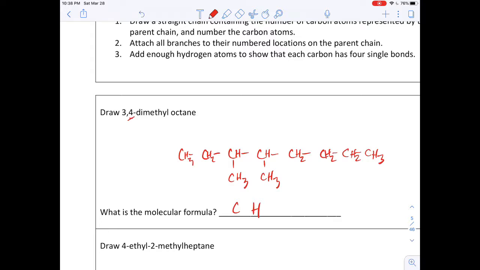I could count up all the carbons and hydrogens individually, but if I look, I've got 1, 2, 3, 4, 5, 6, 7, 8, 9, 10. Since this is saturated, it's C10, and H must be 22, because it's 10 times 2 plus 2. I can also look at the name: it's got 2 methyls and an octane, that's 2 ones plus 8, which is C10.